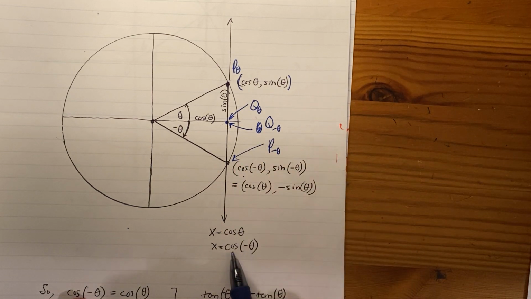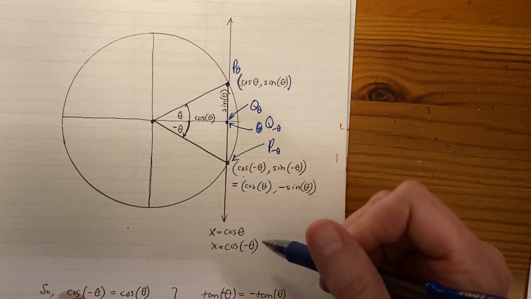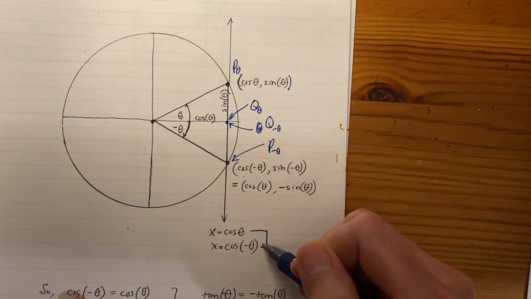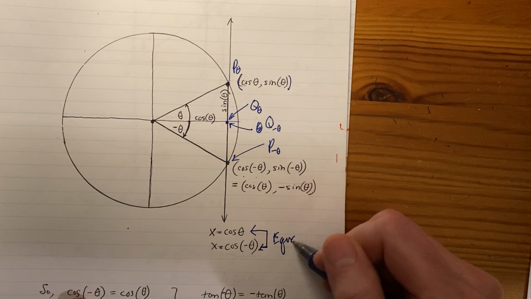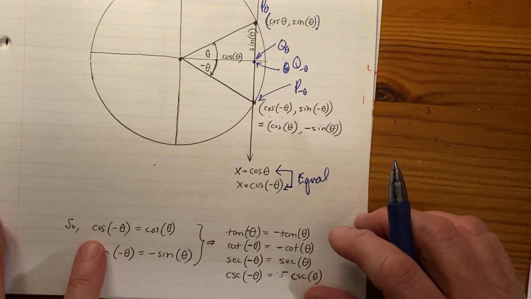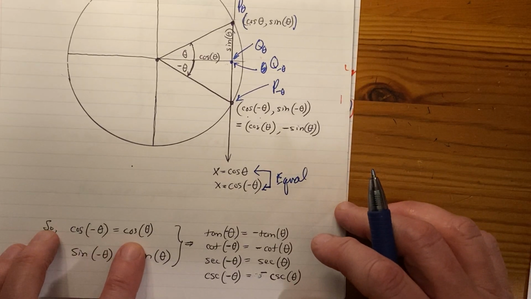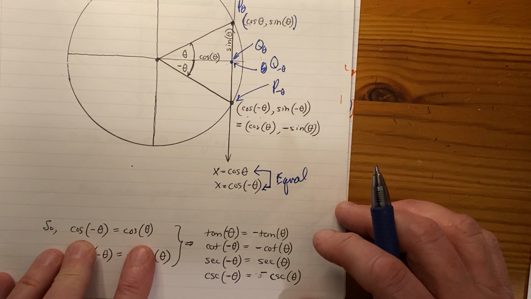But similarly, you could say it's equal to the cosine of the opposite of theta. Oh, so these two things are equal. Right? So therefore, the cosine of the opposite of an angle is equal to the cosine of that angle. We say that the cosine function is even.